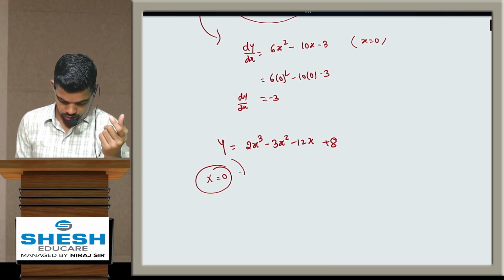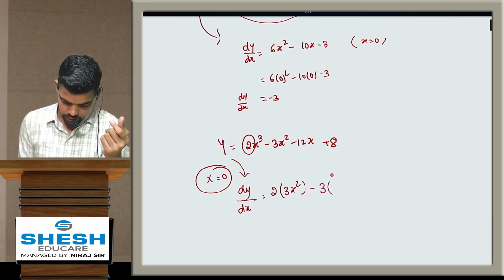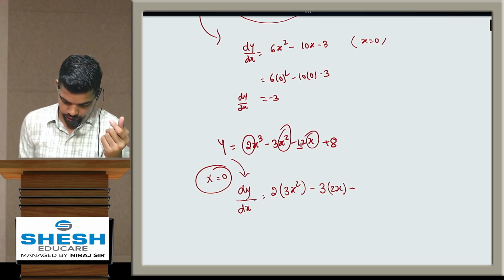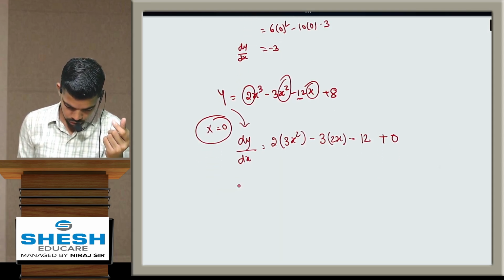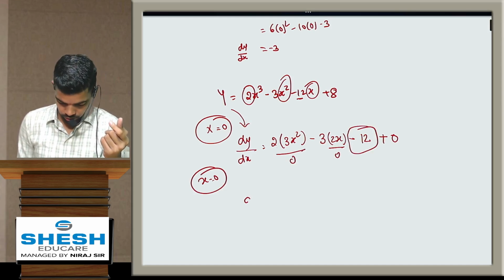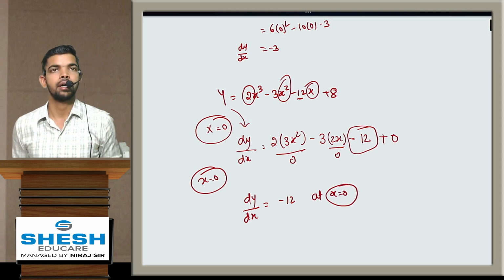So first differentiate this dy by dx. 2 as it is, x cube का derivative 3x square minus 3 as it is, derivative of x square is 2x minus 12 x का derivative is 1 और 8 का 0. Now put x is equals to 0. क्या हो जाएगा? ये 0, this is also 0. क्या बचेगा? minus 12. So dy by dx, that is gradient at x is equals to 0, is minus 12.